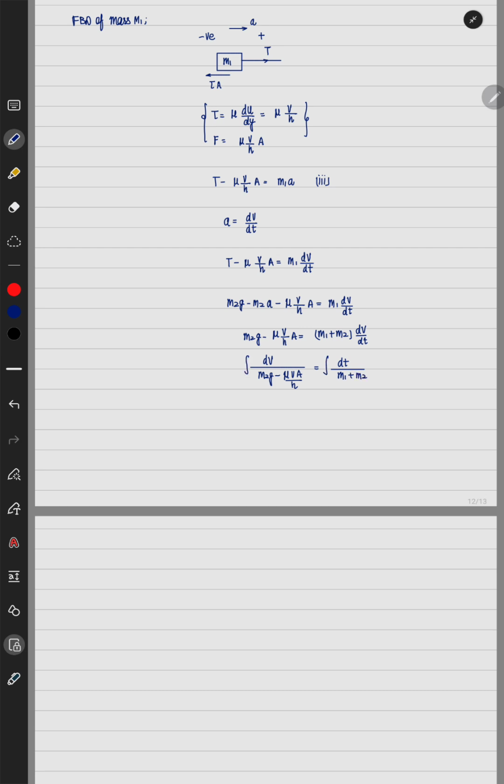Integrating this equation, at time t equal to 0 the velocity was 0; both the masses were at rest. At time t there will be some velocity v. Integrating this equation, we will get velocity as a function of time. This is a very simple integration. I'm not going to integrate, but this is the method by which you can get velocity as a function of time.